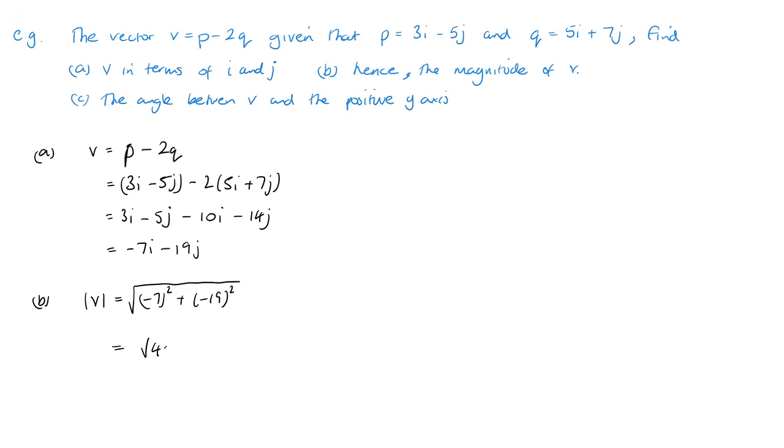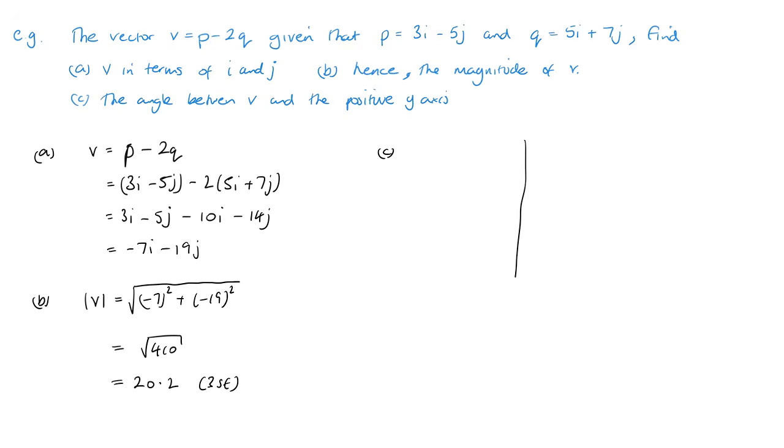That's the square root of 410, or in decimals is 20.2 to 3 significant figures. So that's my part b, and then part c, find the angle between v and the positive y-axis.